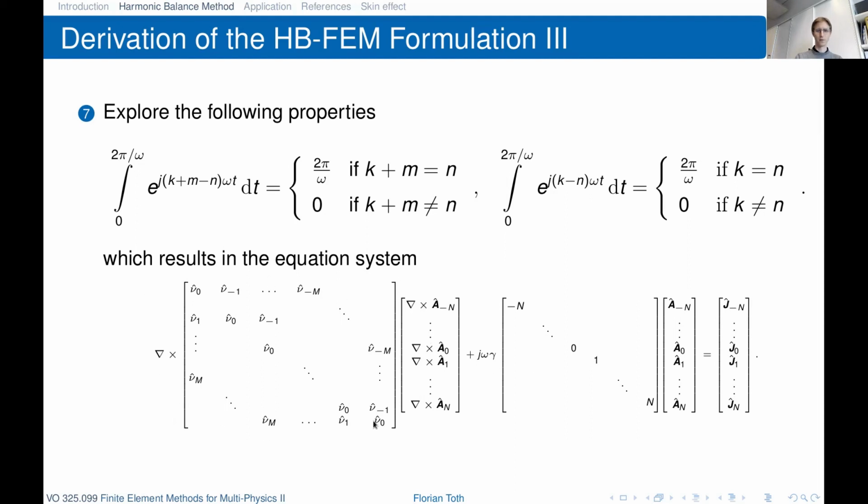So the interesting term is the first one, where we had the product of two Fourier series. And you can see that you can write this in the following form of a matrix vector multiplication. And the components of this vector here are the Fourier coefficients of the unknown. So this is still the strong form of the problem, but written as a single line for all the harmonics.